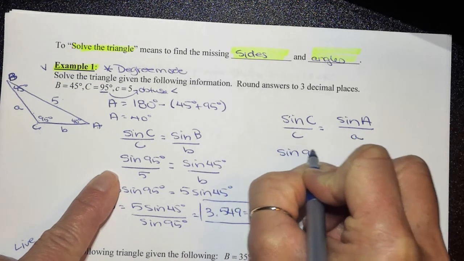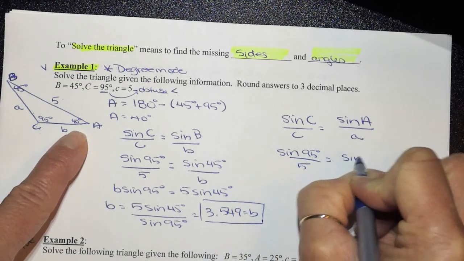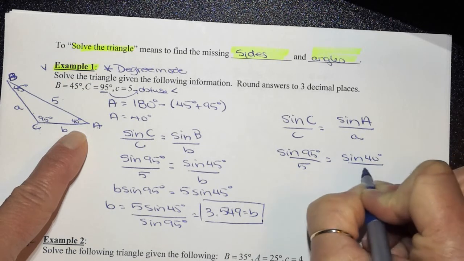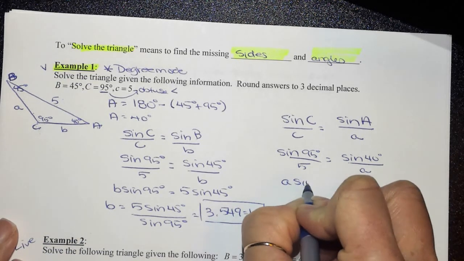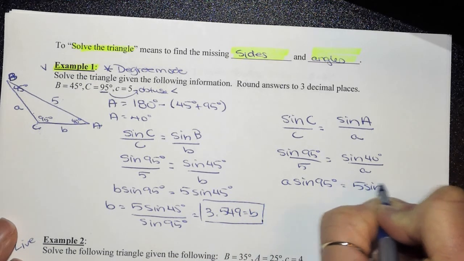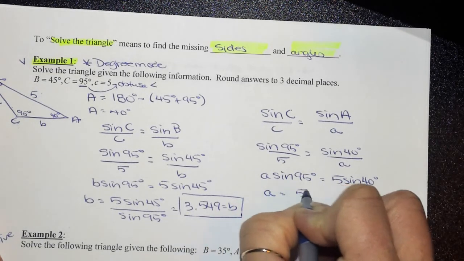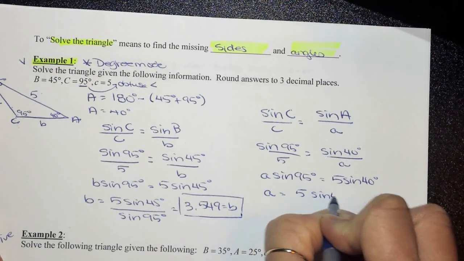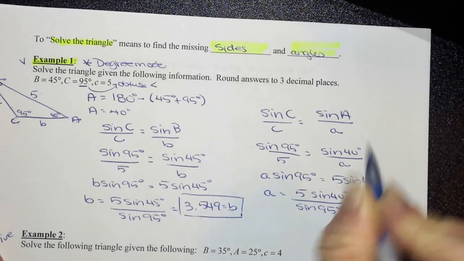Sine of 95 degrees divided by 5 is equal to the sine of 40 degrees divided by A. Cross multiply and divide. So side A is equal to 5 sine of 40 divided by the sine of 95 degrees.